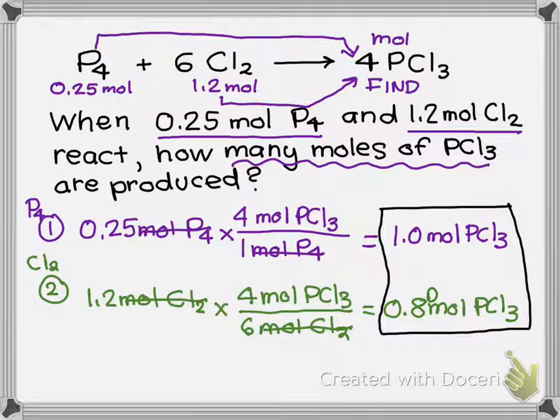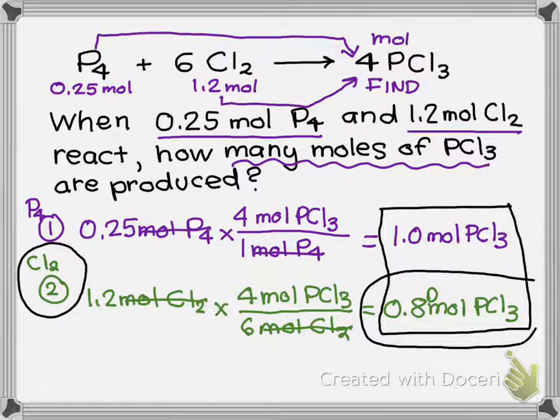Well, here's the thing. Remember, when one reactant runs out, then the reaction stops. But by comparing, I know which one is going to run out. It's going to be the chlorine. The one that produces the smallest amount is actually going to be our answer. Because once I get to 0.8 moles of PCl3, the chlorine is gone and the reaction will stop.